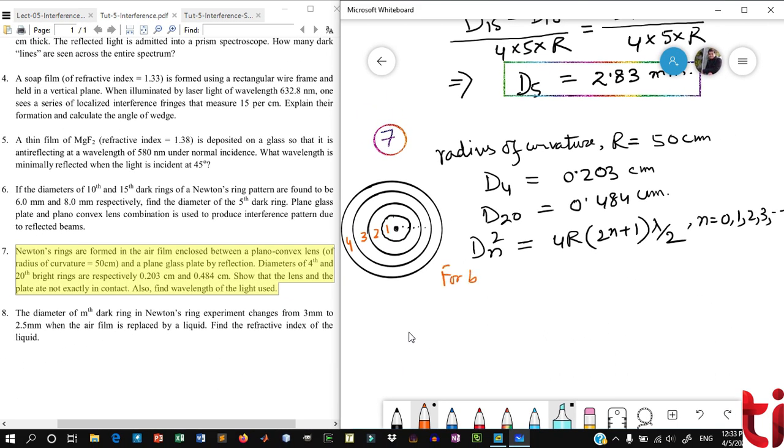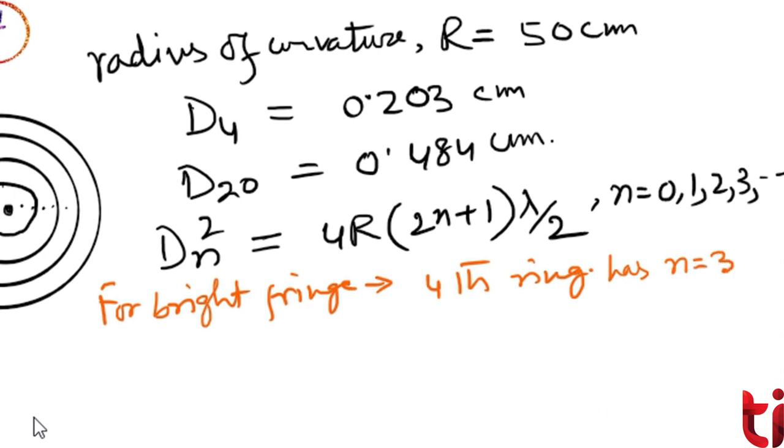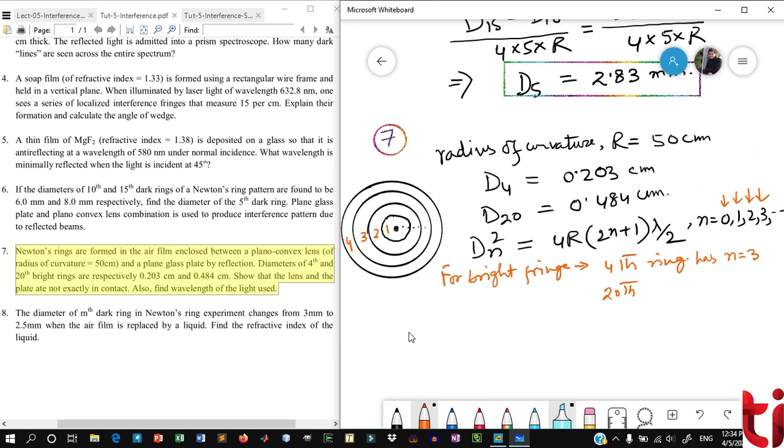For bright fringe, 4th ring has n is equal to 3. So first ring, second ring, third ring, fourth ring, 20th ring.